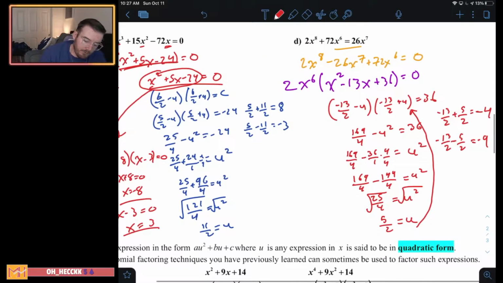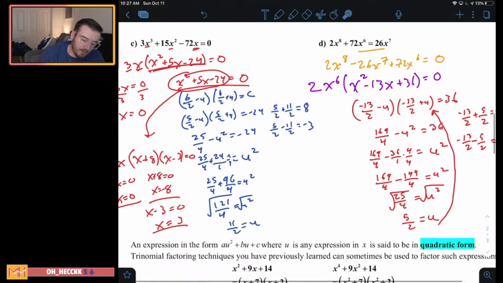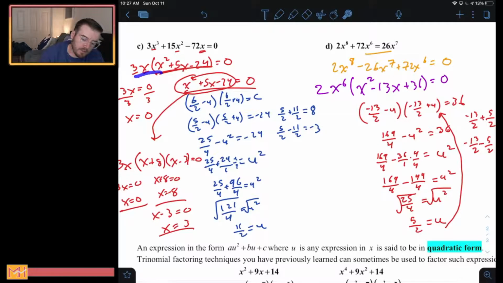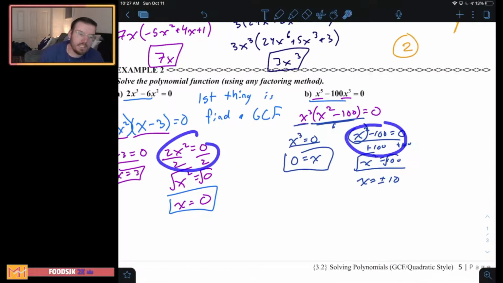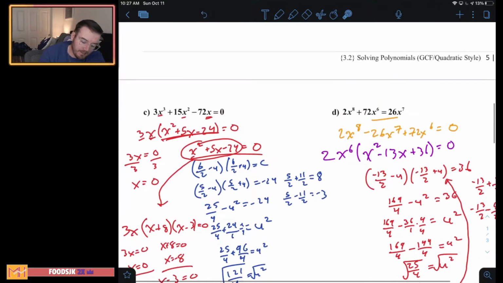So before I finish here, compare and contrast. We pulled out the GCF, but then we get to this and realize, wait a minute, I can't just set that equal to 0 and solve like some of these other easier ones. I have to factor it and solve it like all the other problems from Unit 2.